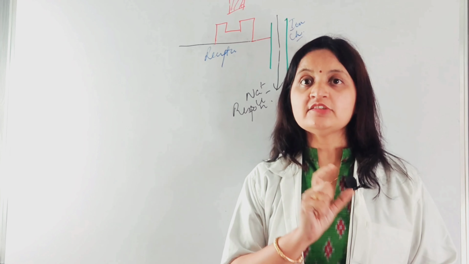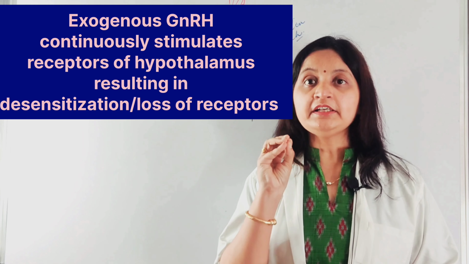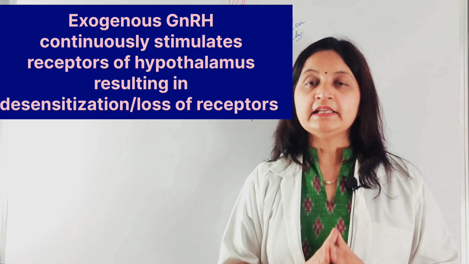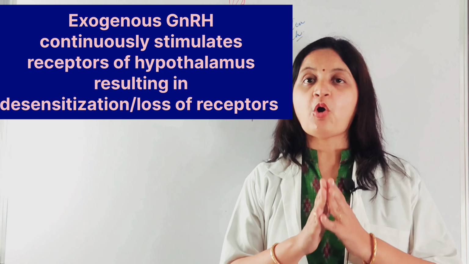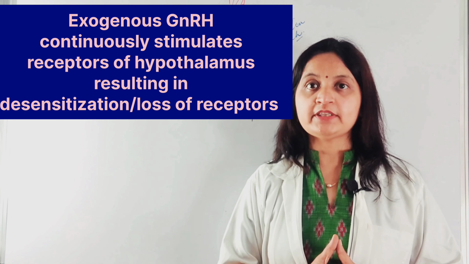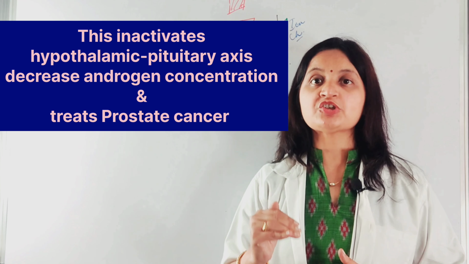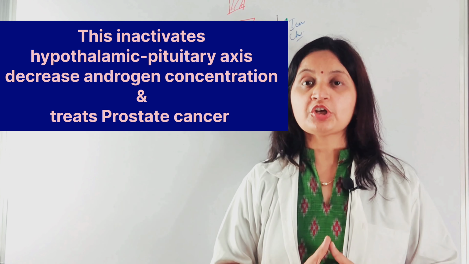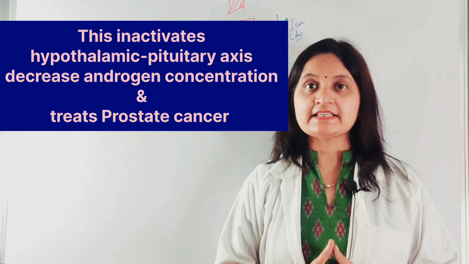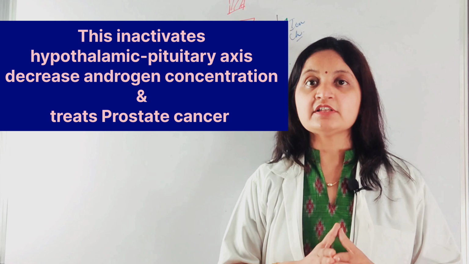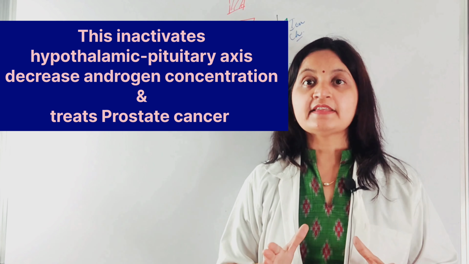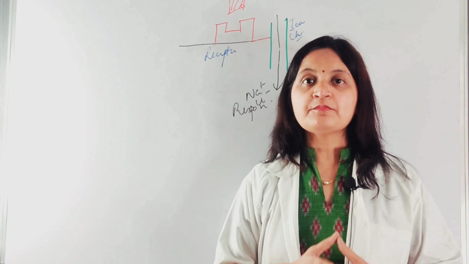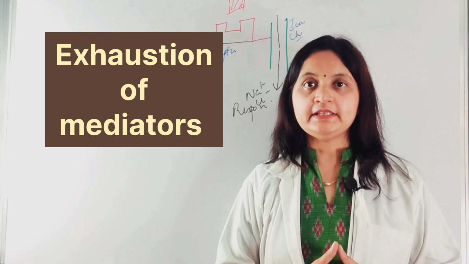However, exogenous GnRH causes continuous stimulation of the receptors of the hypothalamus, leading to desensitization or loss of receptors of the hypothalamus and inactivation of the hypothalamic pituitary axis. Due to inactivation of the hypothalamic pituitary axis, there are decreased levels of androgen, and this is helpful in the management of prostate cancer.